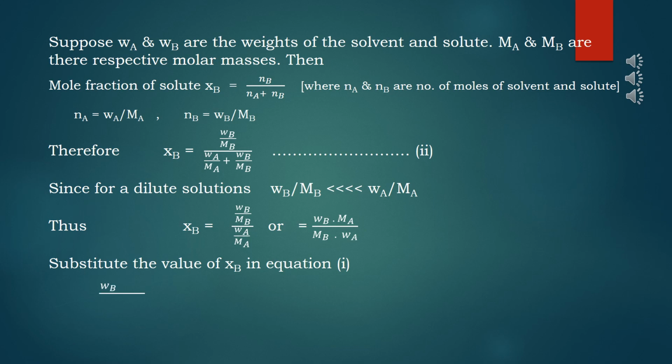So we get Wb into Ma divided by Mb into Wa is equal to relative lowering in vapor pressure, that is Pa0 minus P upon Pa0. So from here we can easily determine the molecular weight of solute Mb by rearranging this formula.